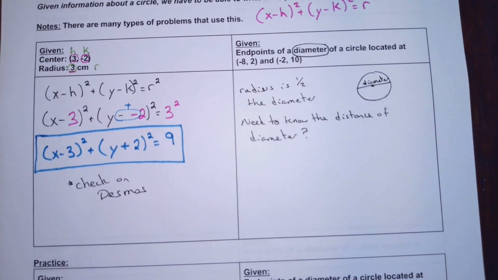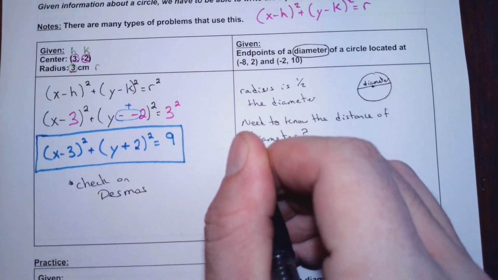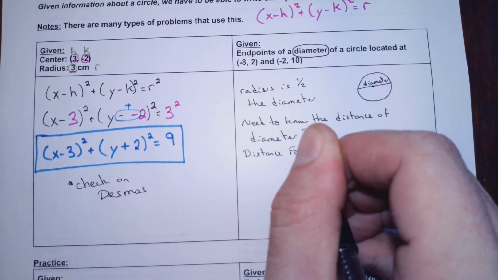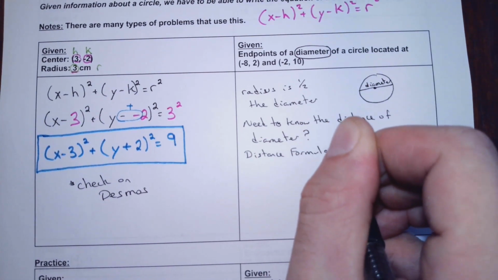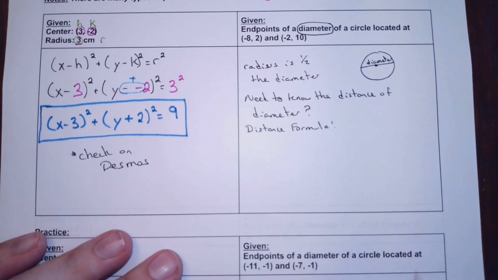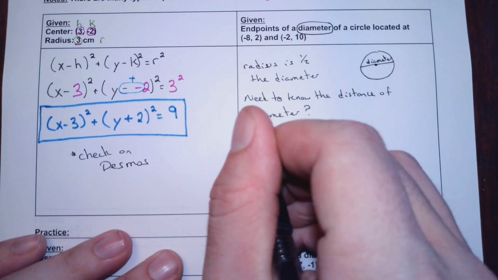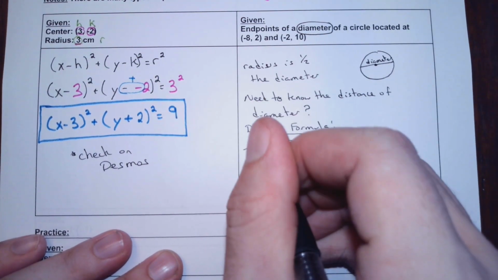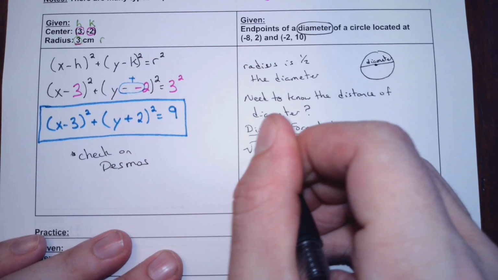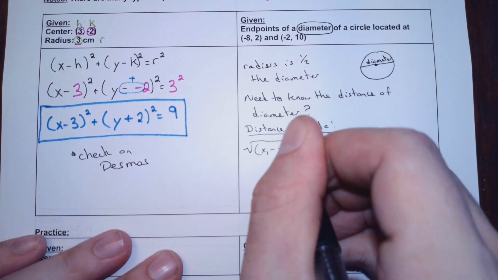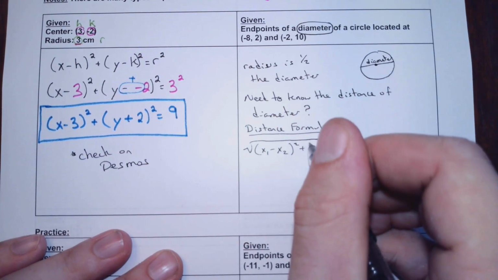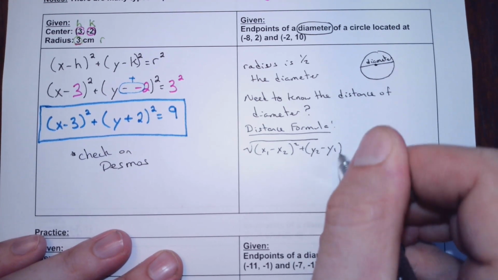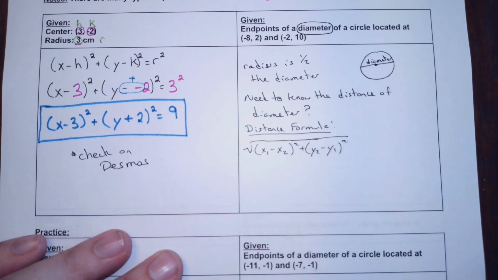Okay, so we need the distance formula. Now you may remember the distance formula. The distance formula is the square root of x1 minus x2 squared plus y2 minus y1 squared.